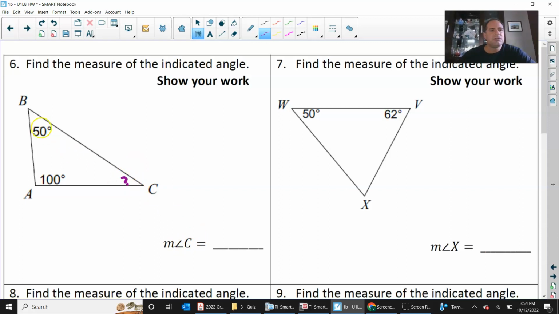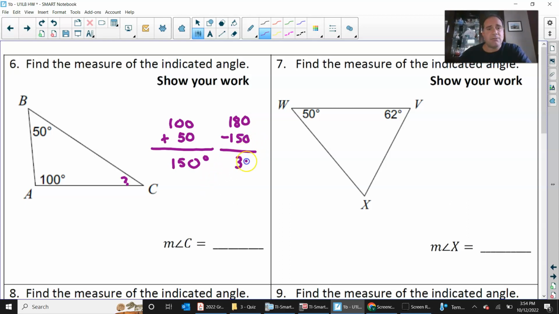If you have two given angles of a triangle, we're going to add those two angles and then subtract the sum from 180, because we know that all interior angles of a triangle equal 180 degrees.